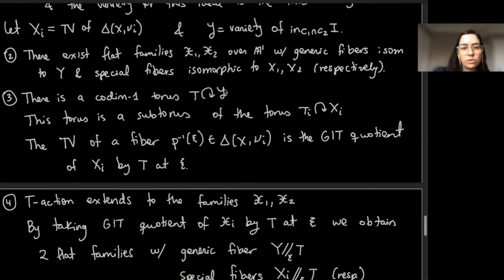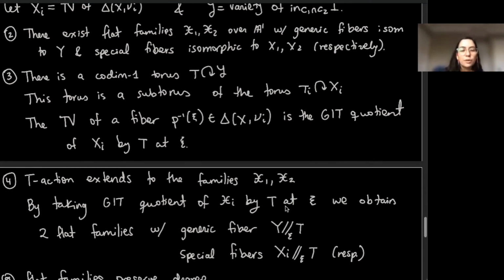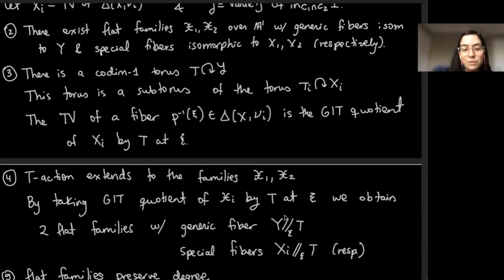Now this torus action on Y extends to the flat families that I mentioned above. And by taking the GIT quotient of each of those families by T at the point where I'm taking the fiber, we're able to get two flat families.